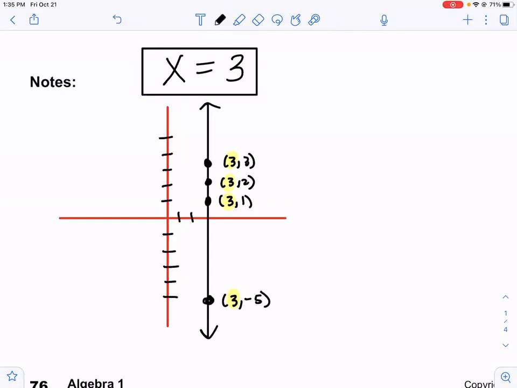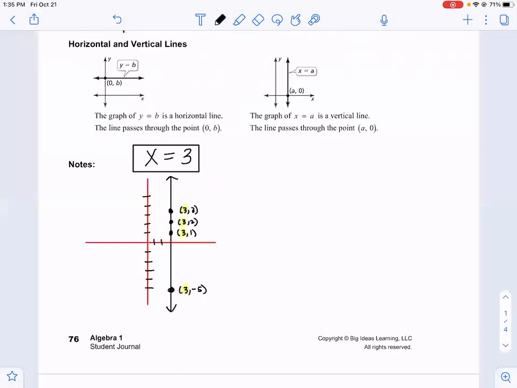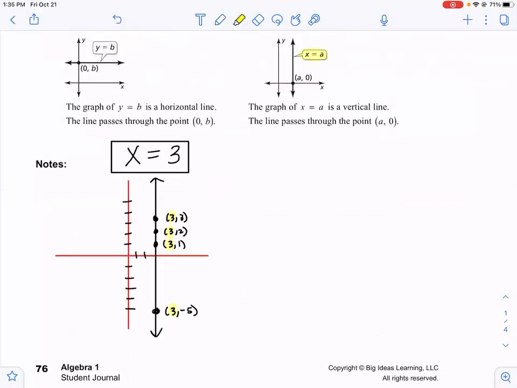Whenever you have a vertical line, all of your x coordinates are going to be the same. So when we have a vertical line, we're always going to have x equals that number. Every time.